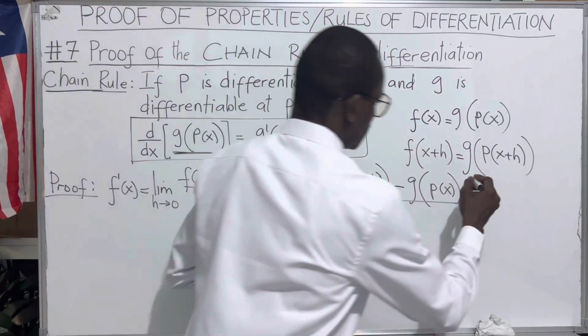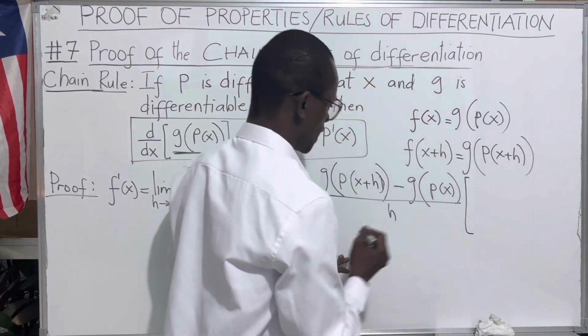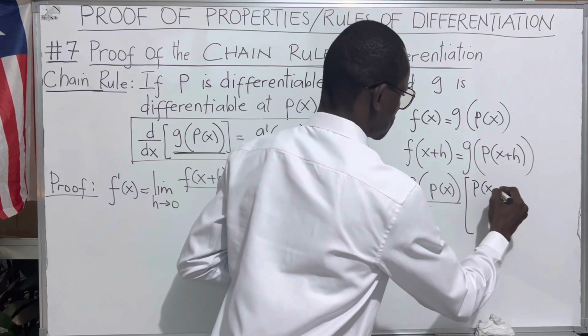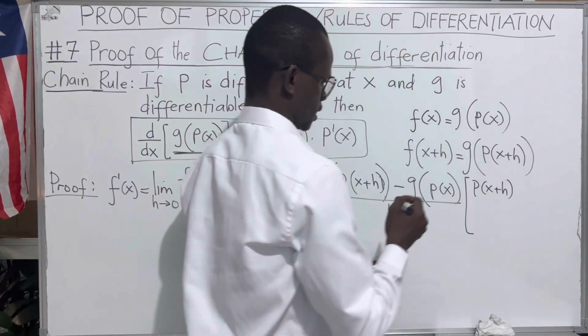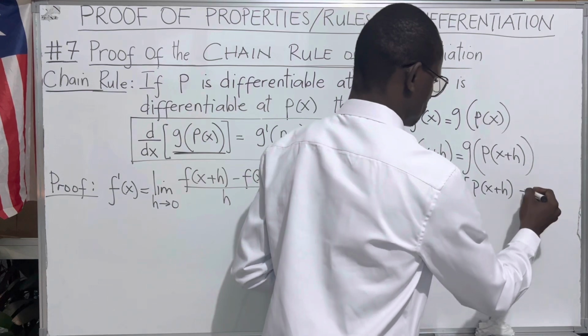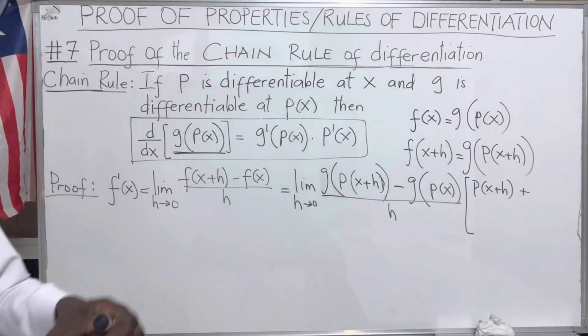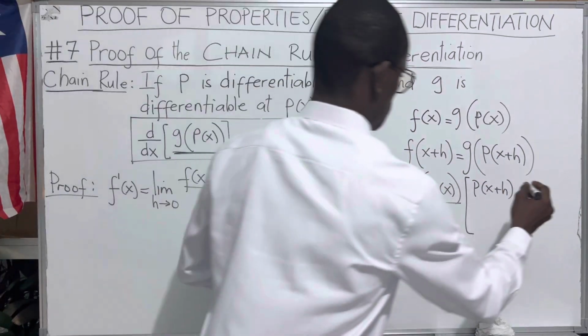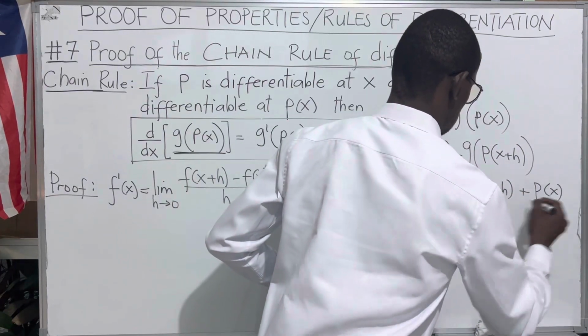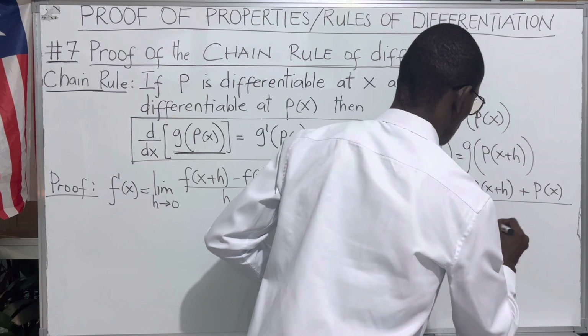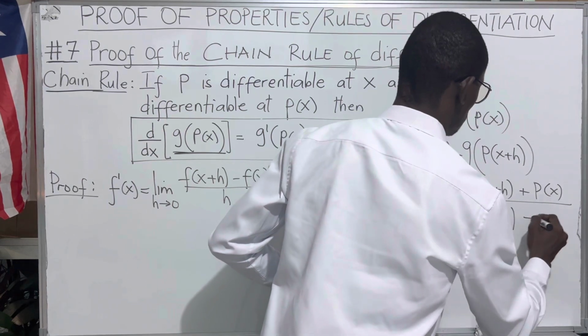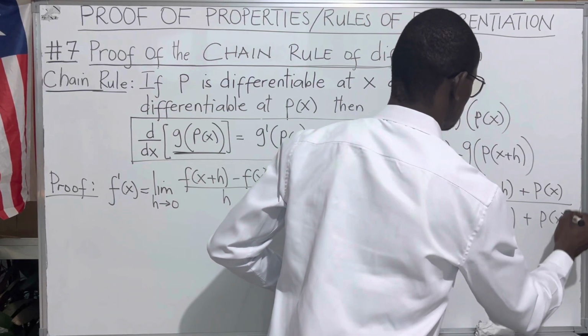So we can say, let's multiply this expression by p of x plus h plus p of x, divided by p of x plus h plus p of x.